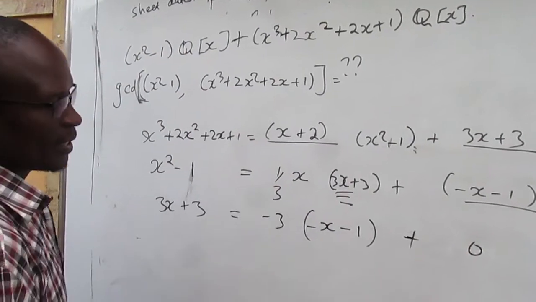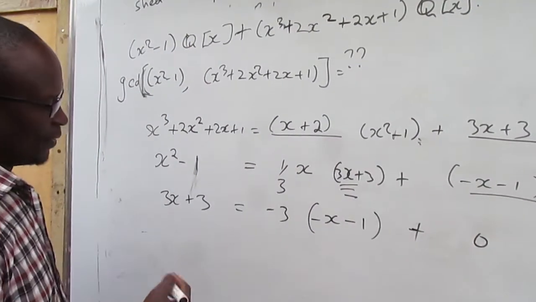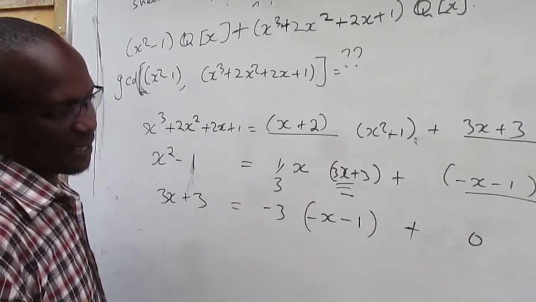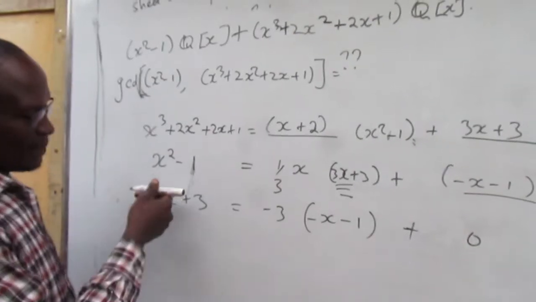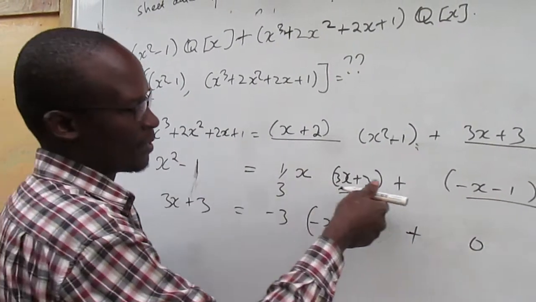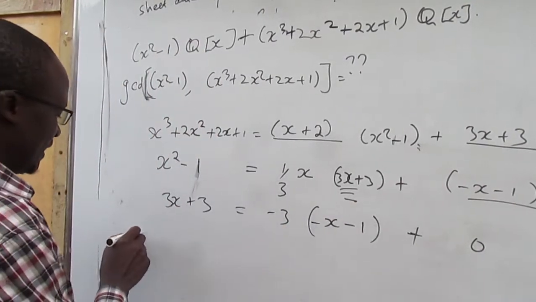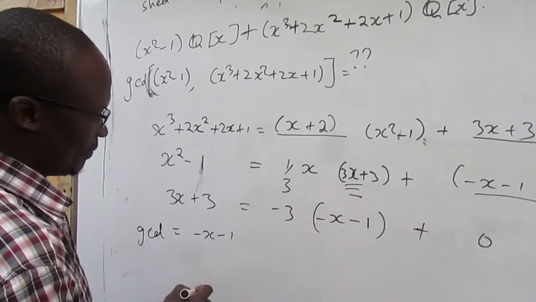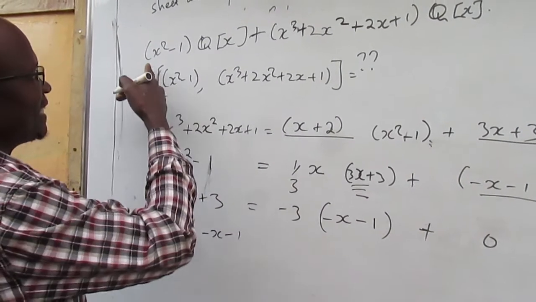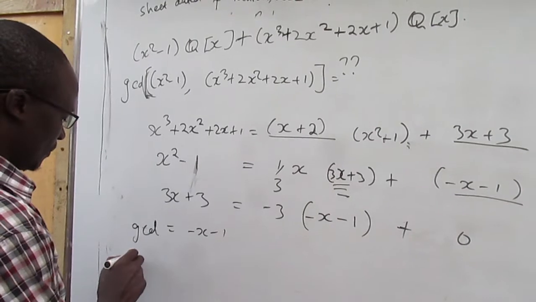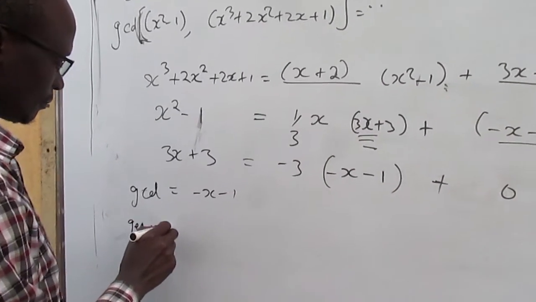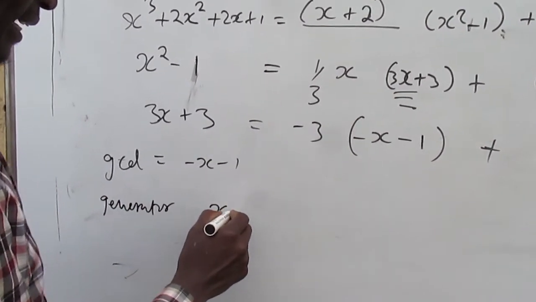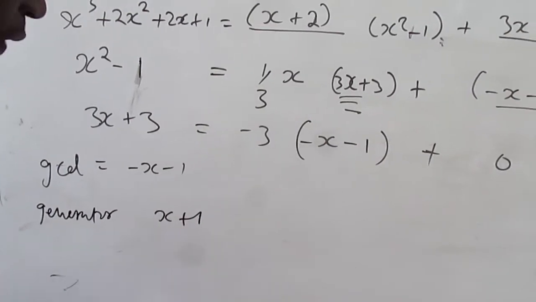Using this algorithm, the GCD is the last non-zero remainder, and so the GCD is minus x minus 1. And so we can take the generator of this ideal to be the element x plus 1.